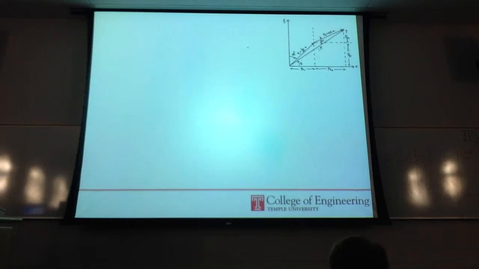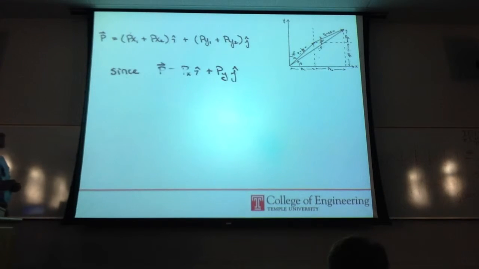So let's go back to the diagram again. So what did I do over here? We say that vector P is based on the two positions 1 and 2, but at the same time is described as pxi and pyj.